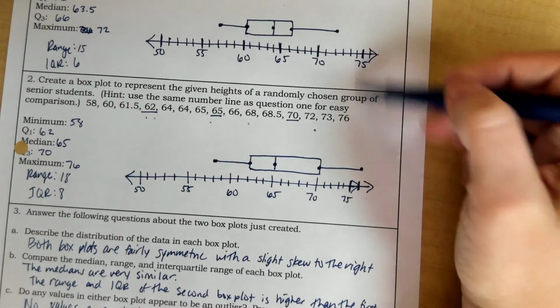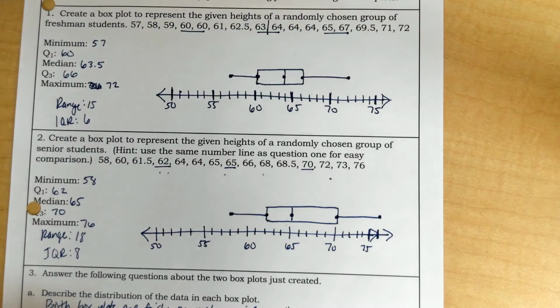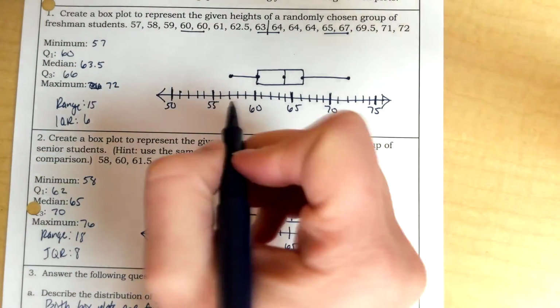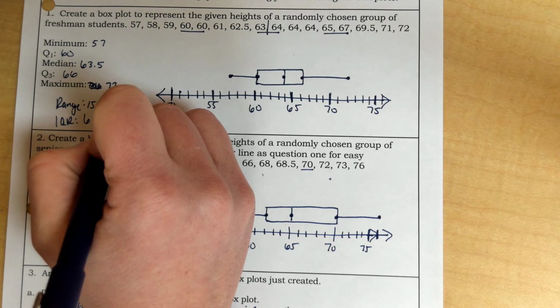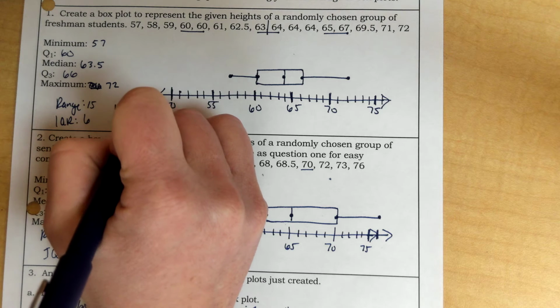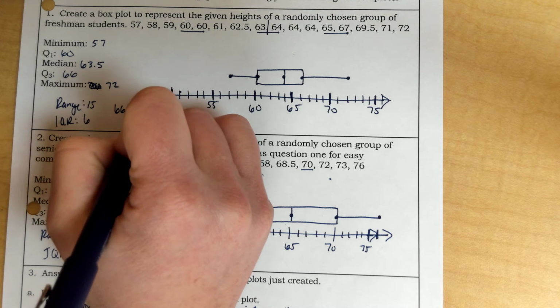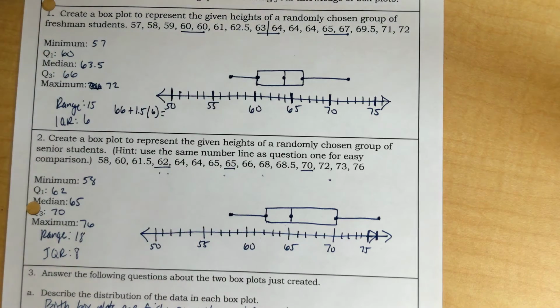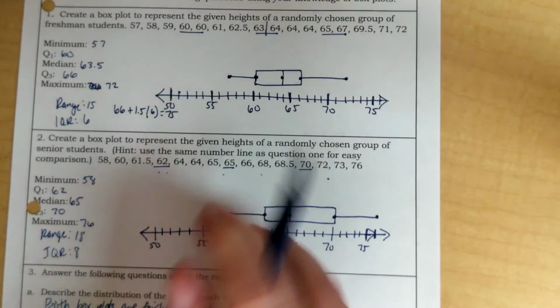So let's do a quick calculation. On the first one, with our outlier formula, we take Q3, so 66, plus 1.5 times the interquartile range, which was 6. That gives me a value of 75. So a number would have to be greater than 75 here to be an outlier.